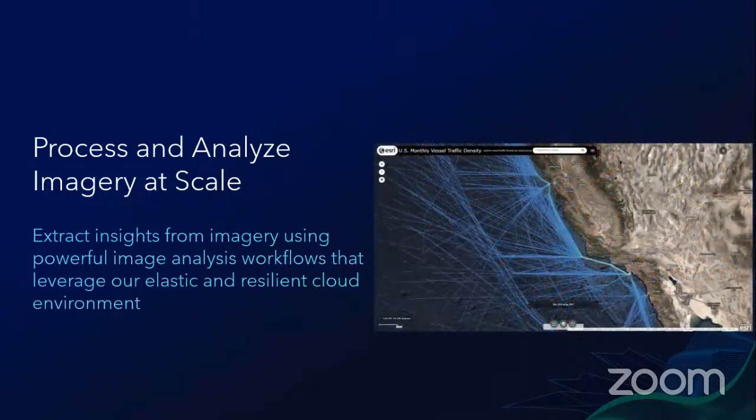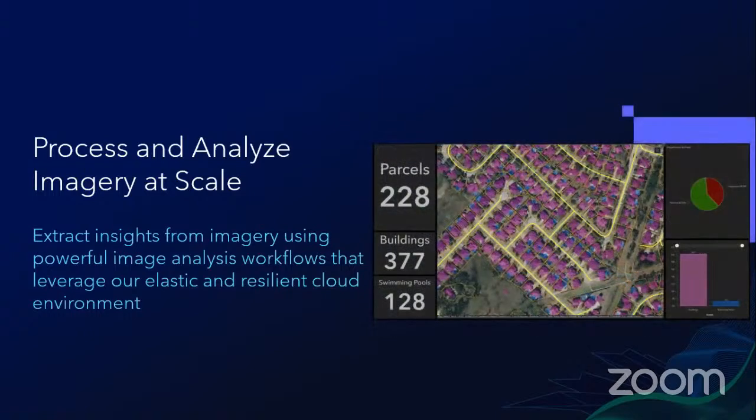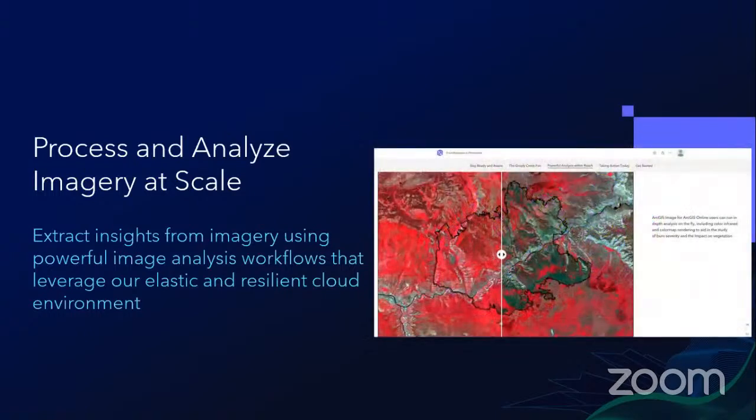So all these imagery layers can be used for further analysis and incorporated into your custom web apps. Here we are talking about dashboards, reports, and also story maps. All of these are powered by the elastic and resilient ArcGIS Online environment, in which you can process your imagery without needing to acquire or manage any infrastructure.